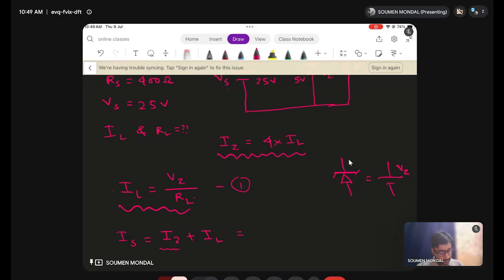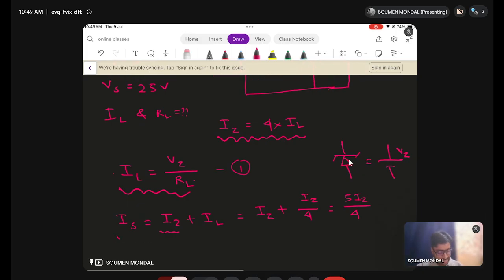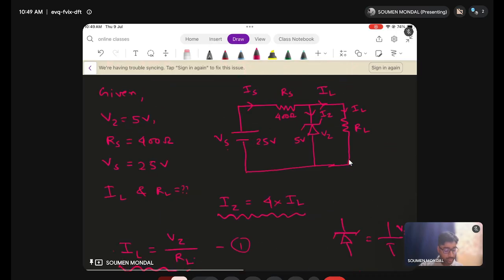So better to write Iz plus IL, where IL is Iz by 4. So it is 5 Iz by 4. So this is what Is now becomes. This is one way I am looking at this problem.